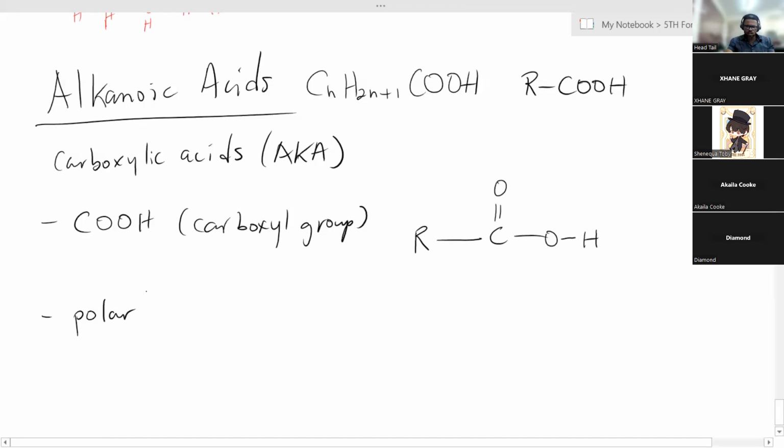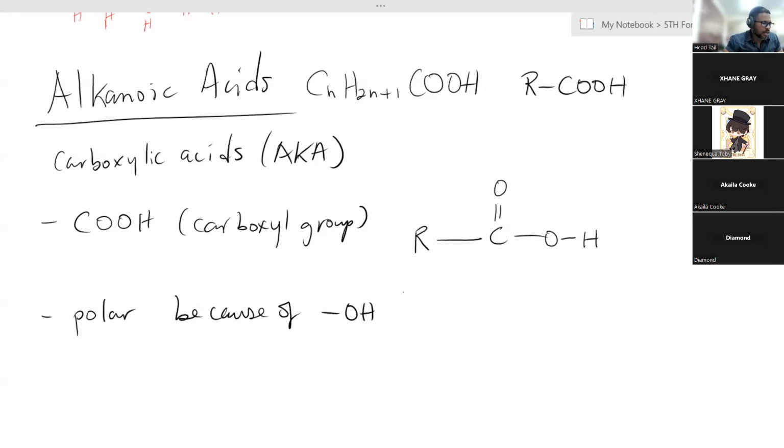As a result, they have a negative and a positive end, and we call the molecule polar by nature. That is because of the OH group, the hydroxyl group.